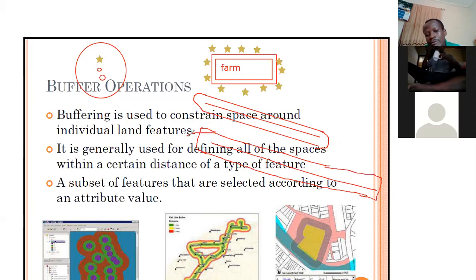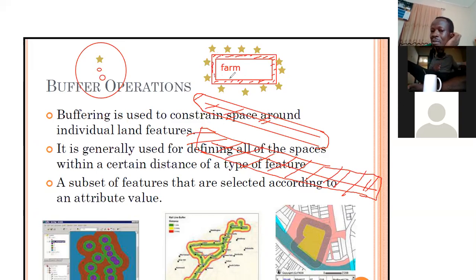So the buffer region is always a polygon. Is that okay? So this is the buffer region. For the farm, the buffer area, this is an outer buffer. So with polygonal buffer, you can have an inner or an outer buffer. This is an outer buffer because the farm is inside.